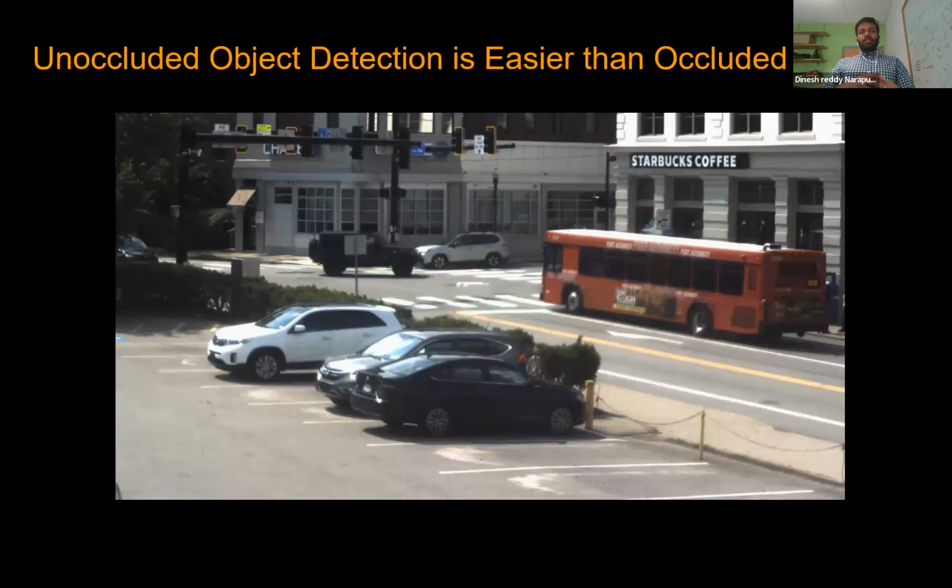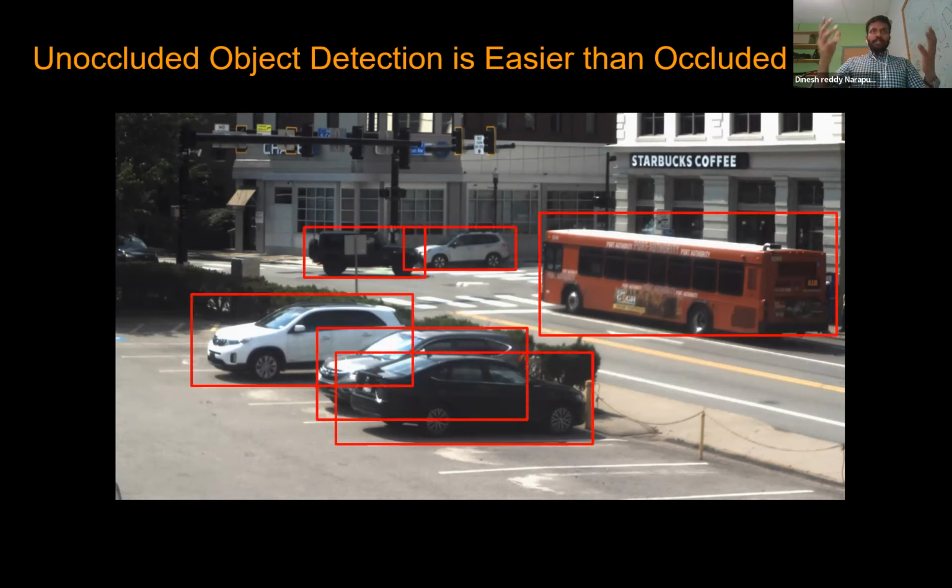The task we solved in this paper is this: it's very hard to understand objects and occlusions in general, but it is very easy to find an unoccluded object. In our case here, you can see there are 3 unoccluded objects, but algorithms in general give all these detections.